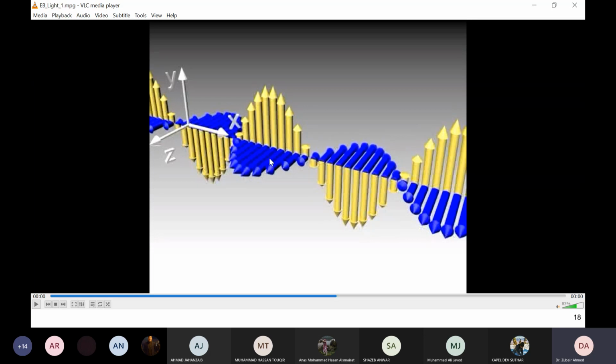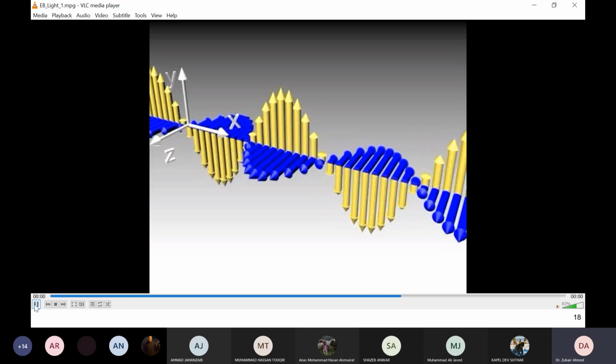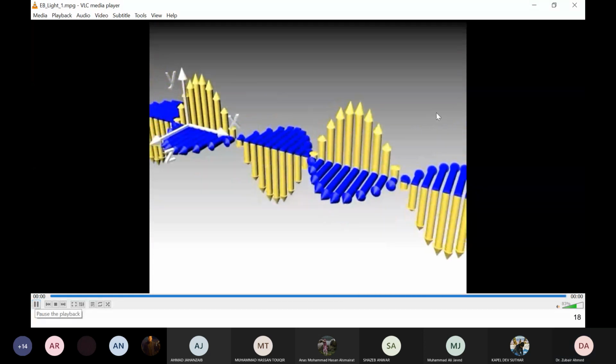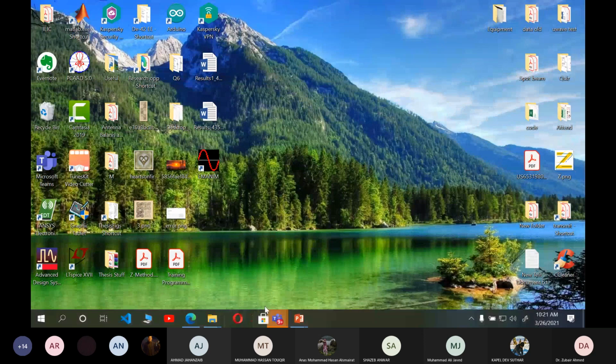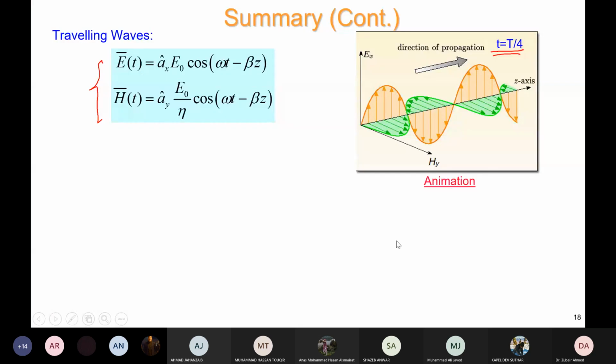They are both orthogonal and they are moving in the z direction, and they are both traveling waves. So this is just one snapshot at t is equal to T/4 of that traveling wave.